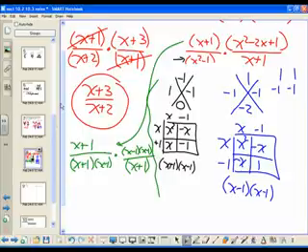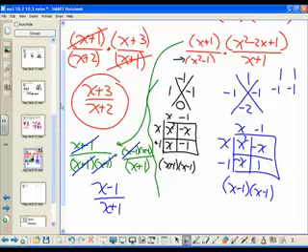Now we can start simplifying. This x plus 1 is going to cancel out that x plus 1. This x minus 1 is going to cancel that x minus 1, and it leaves us an x minus 1 on top and an x plus 1 on the bottom, just like that.